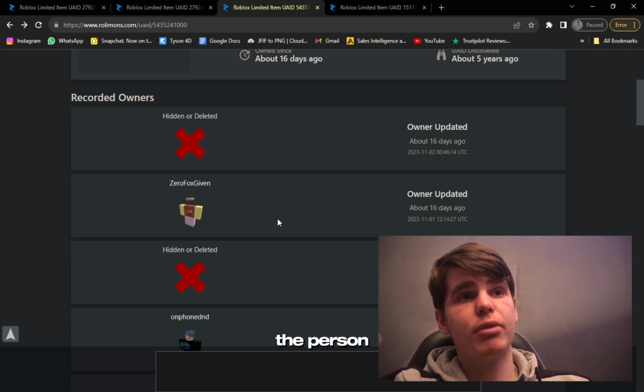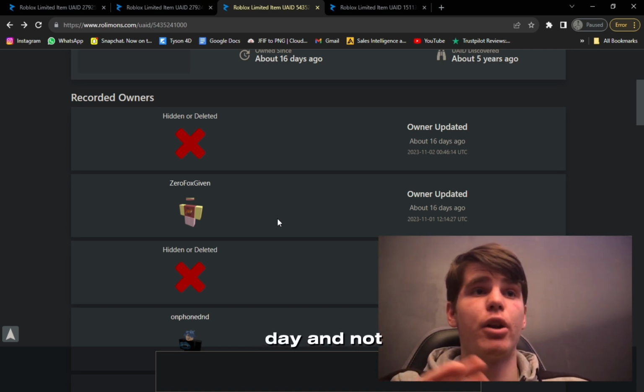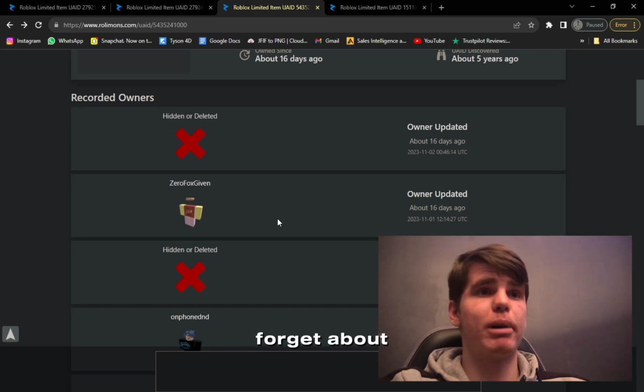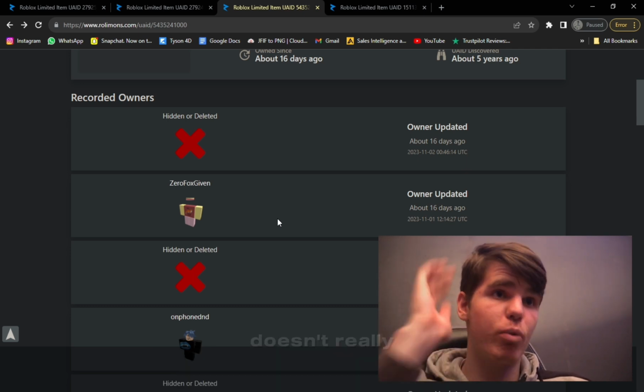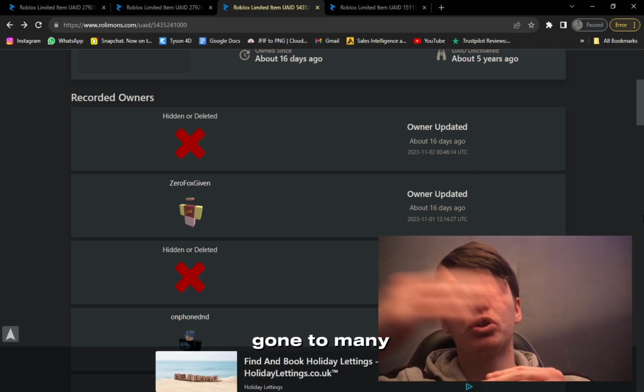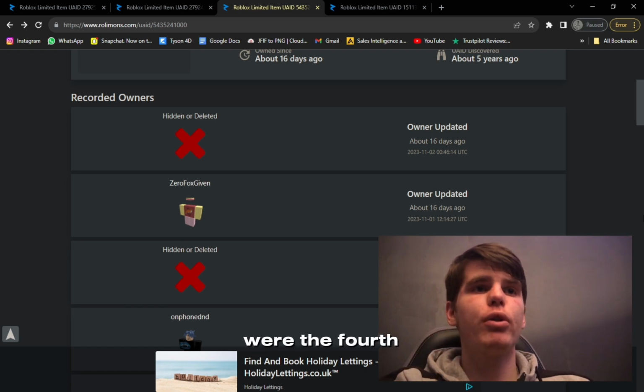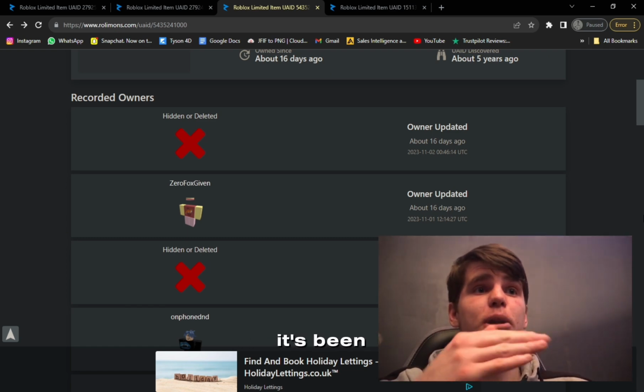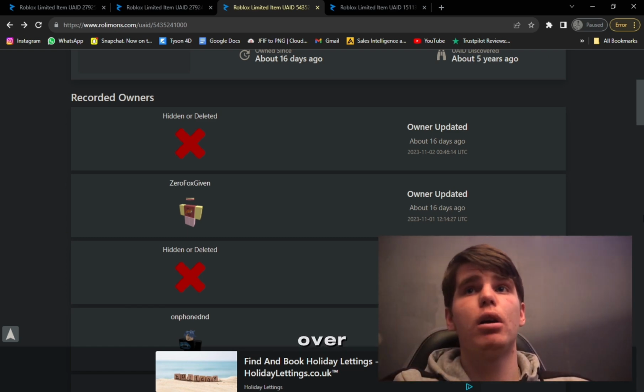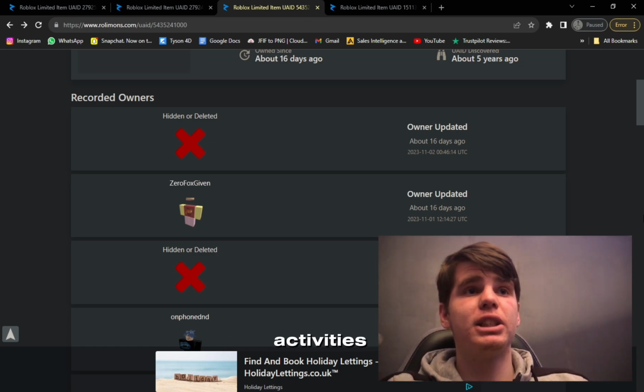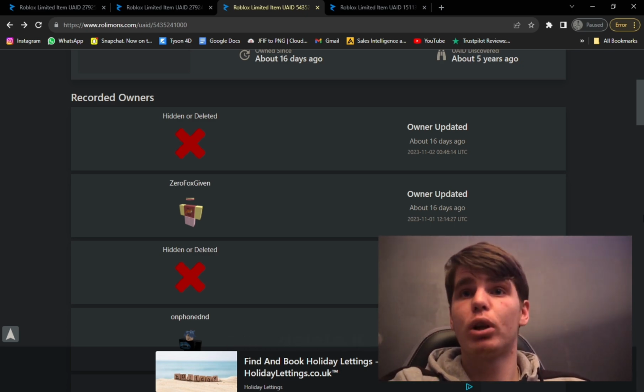They're just going to deny the person's rollback and get on with their day, because it doesn't really raise their awareness since it hasn't gone to many places. But if you were the fourth or fifth person that's had it and it's been transacted over a lot of suspicious activities, then they are just going to delete it. Hopefully that makes sense to you guys. So we're going to move on to a playful vampire now.